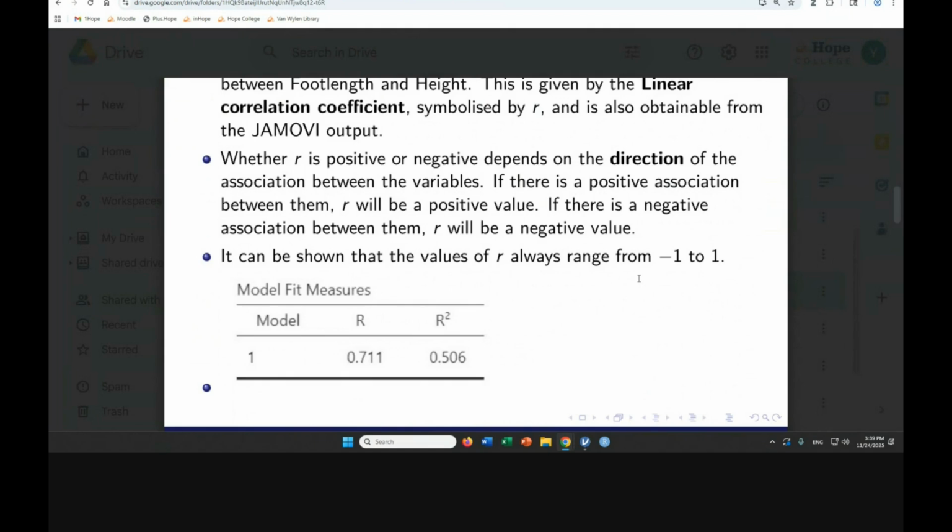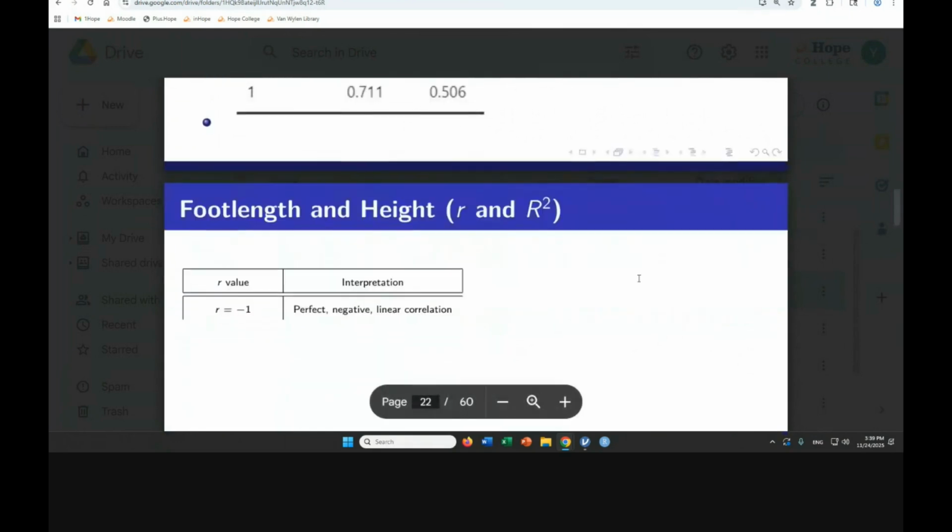You cannot create a data set whose R value is going to be outside this range. So remember that. When you find that your R is negative, the minus sign just tells you that you have a negative linear relationship.